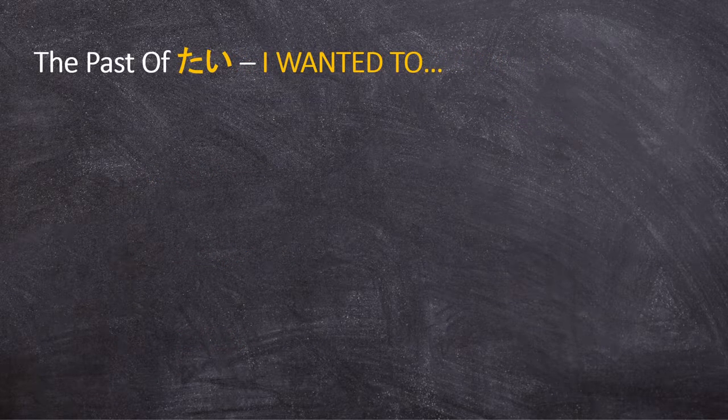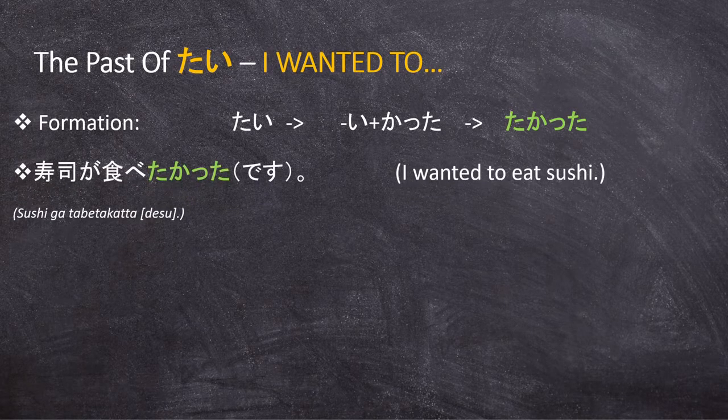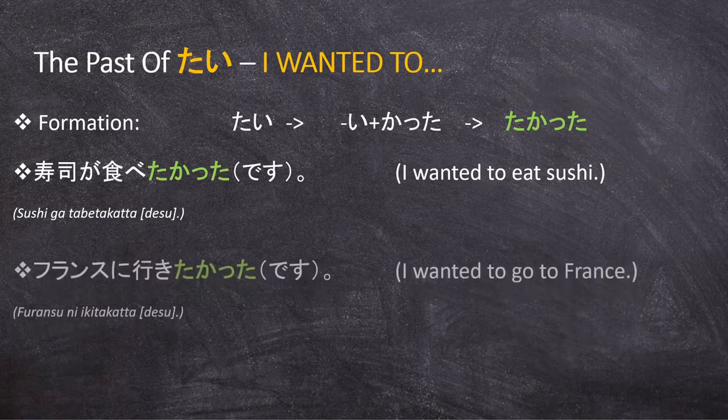Now let's see the past of tai, or in other words, I wanted to. First, the formation process, of course. It is a little bit easier because here only the i part is being lost, and after that, strictly it is katta that is being attached. So from tai, we get takatta. Our first sentence, sushi ga tabetakatta desu. I wanted to eat sushi.